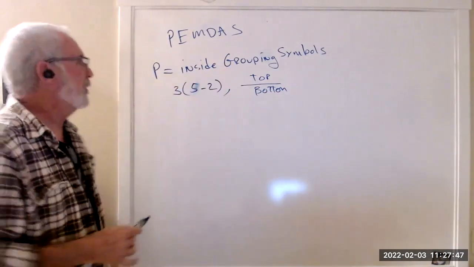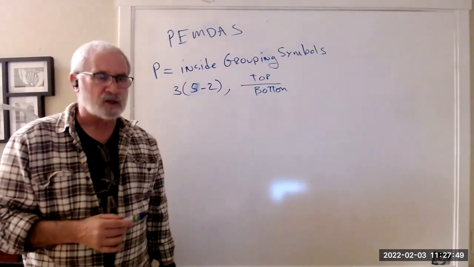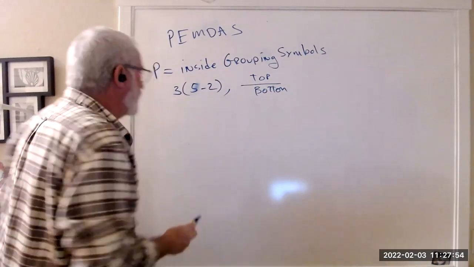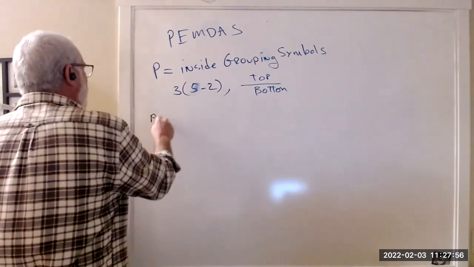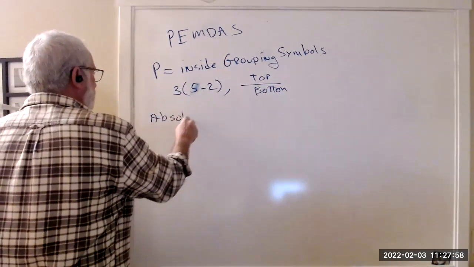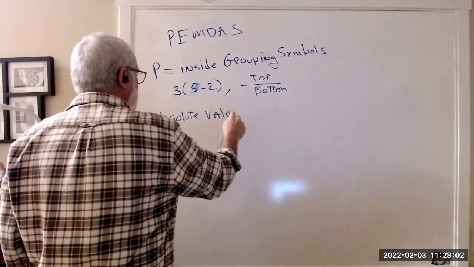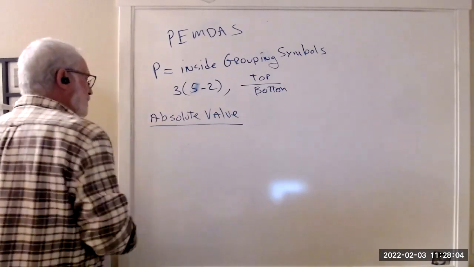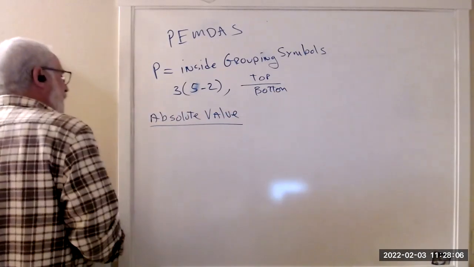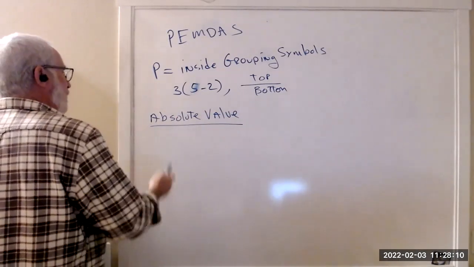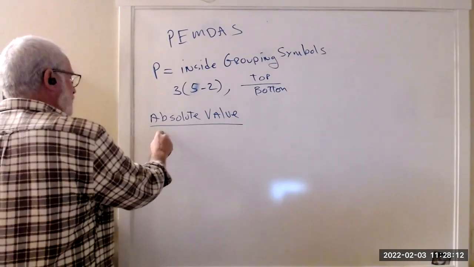And reduce. Well, there's another grouping symbol that we use quite a bit, and it's called absolute value. It looks like this. It's 2 bars.